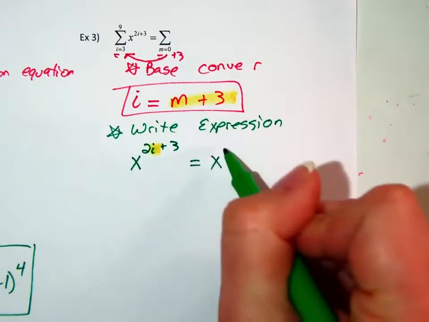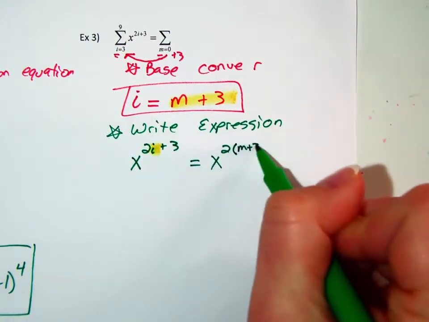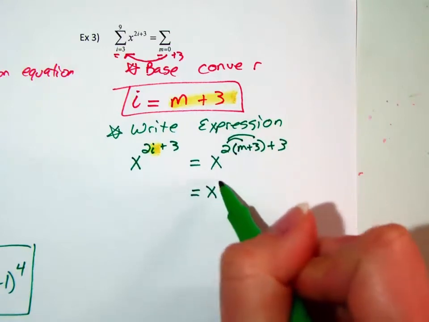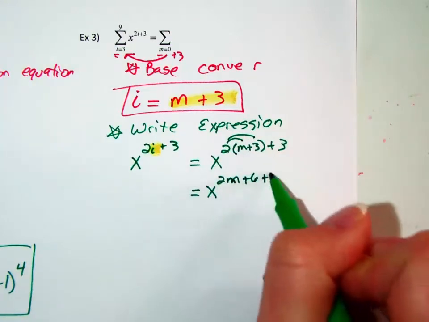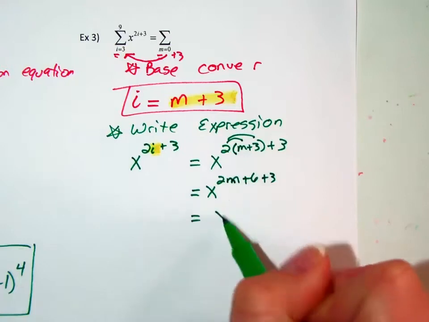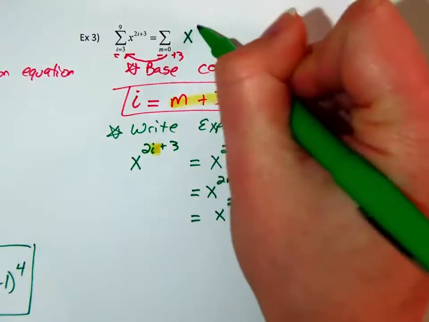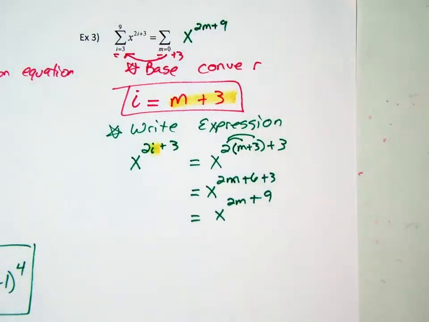So we have x to the 2, and instead of I, it's m plus 3 in the parentheses, plus 3. Now, this expression we actually need to simplify. So we're going to distribute this in, and we'll get x to the 2m plus 6 plus 3, which becomes x to the 2m plus 9. So x to the 2m plus 9 is my new expression that goes into that summation.